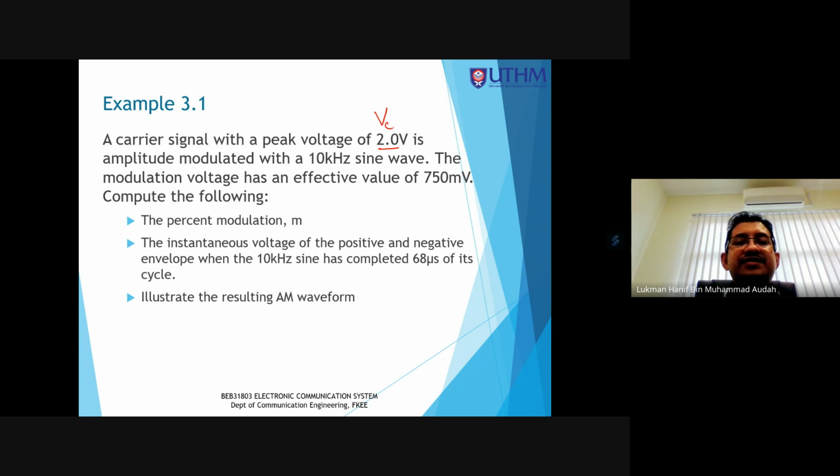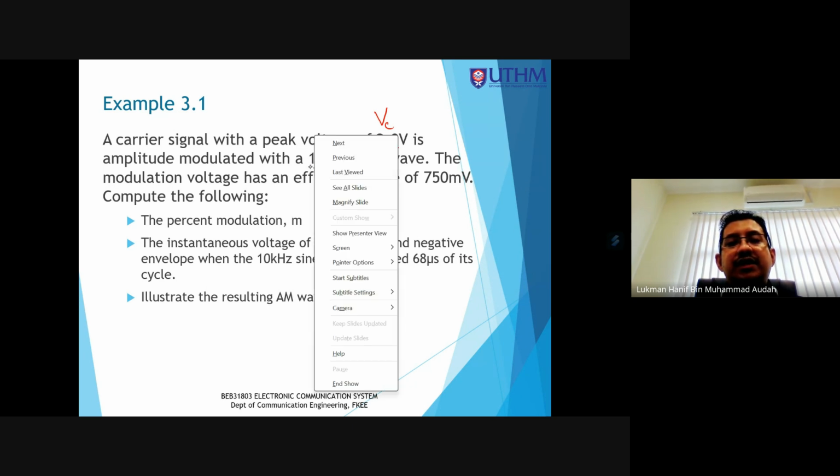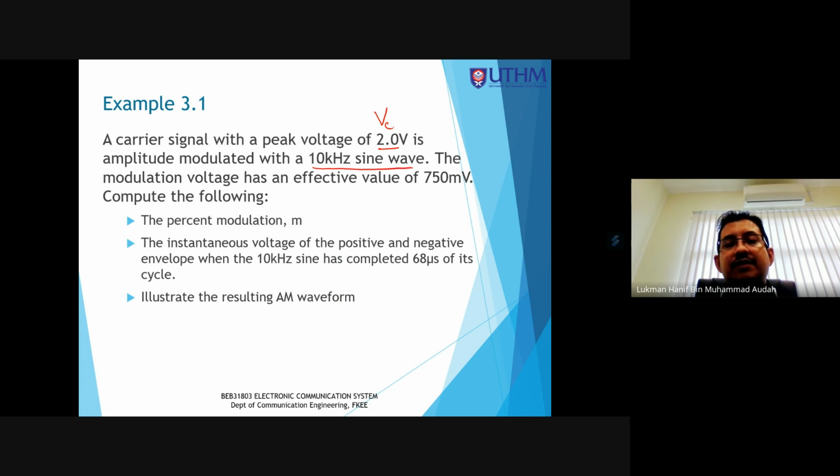That other signal is what we call the modulating signal, and this is the modulating signal frequency, 10 kilohertz.